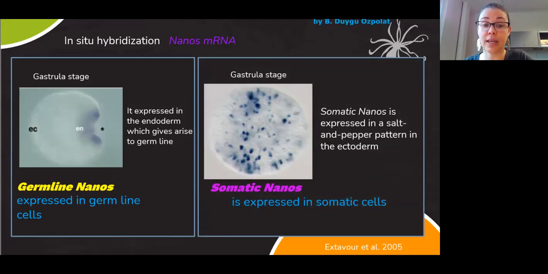At the same gastrula stage, the somatic nanos is expressed in somatic cells, in a salt and pepper pattern in the ectoderm. Just by looking at the different ways they are expressed at this gastrula stage, you can see that they have different functions. And just a quick reminder, we are focusing on the somatic nanos in our talk today.